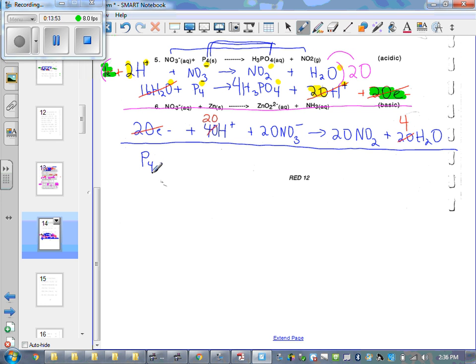So P4 plus 20 protons plus 20 nitrates makes 4 phosphoric acid and 20 NO2 plus 4 waters.